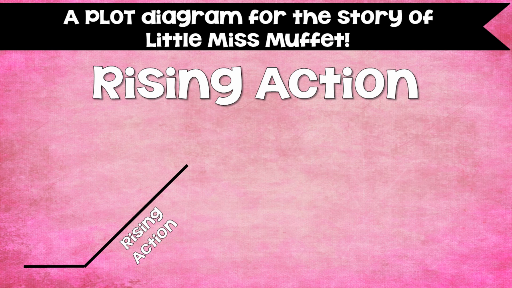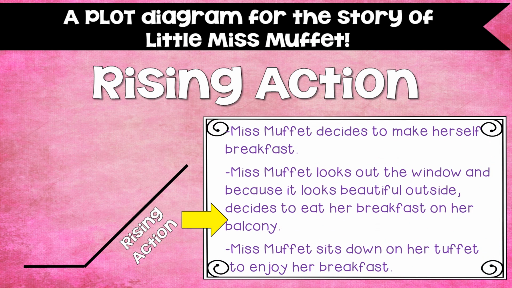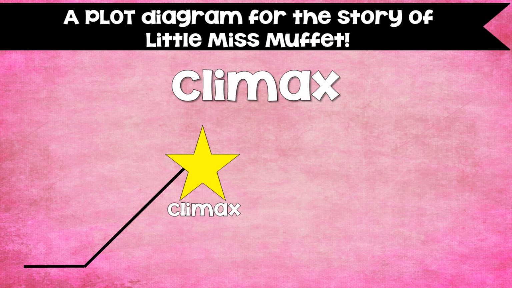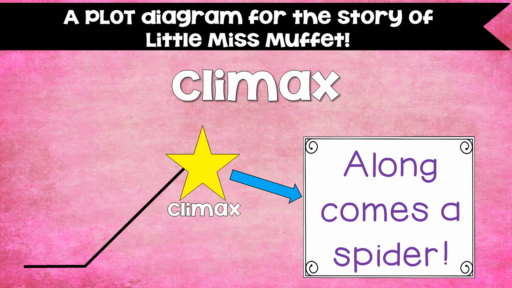The rising action. Miss Muffet decides to make herself breakfast. Miss Muffet looks out the window, and because it looks beautiful outside, she decides to eat her breakfast on her balcony. Miss Muffet sits down on her tuffet to enjoy her breakfast. And the climax. Along comes a spider.